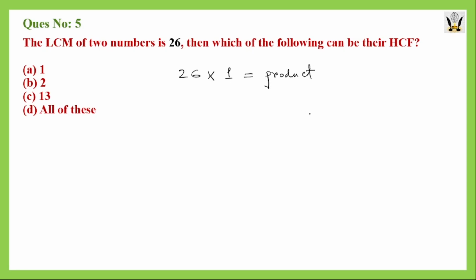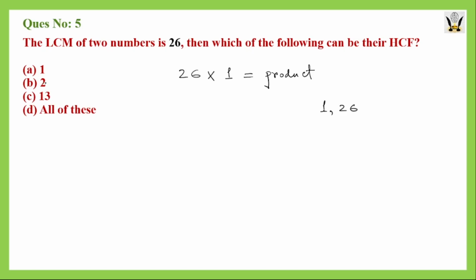Since HCF is 1, there is no common factor other than 1 between those two numbers. So one number will be 1 and the other number 26, and then the HCF value will be 1 and the LCM value will be 26. So one possibility is that the HCF of those two numbers could be 1.